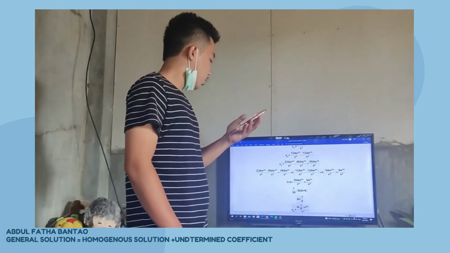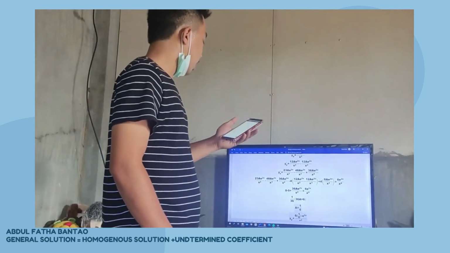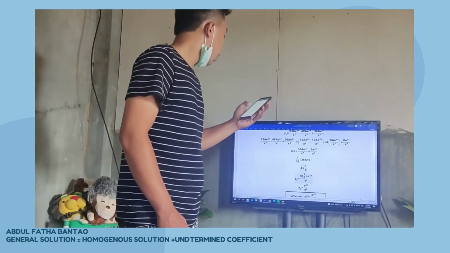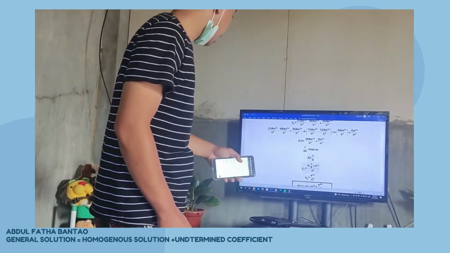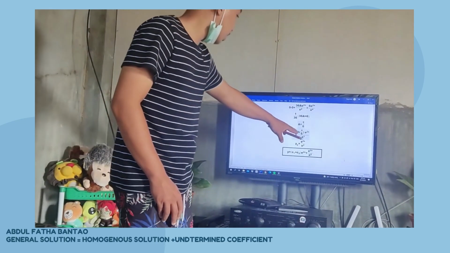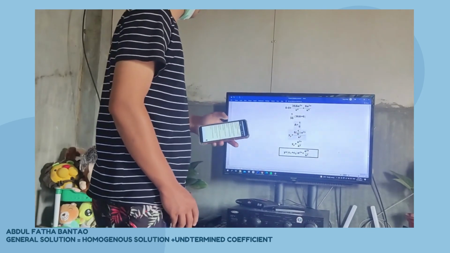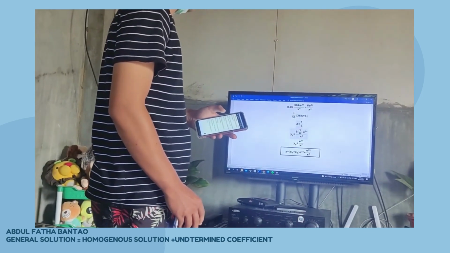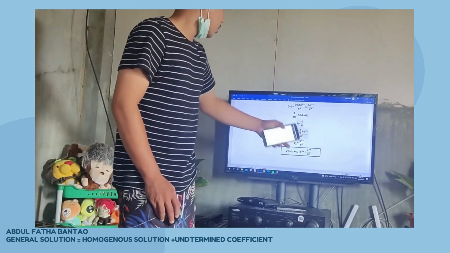Then, substituting a into y sub p and simplifying, we have y sub p equals 6e to the power of 2x all over x squared.